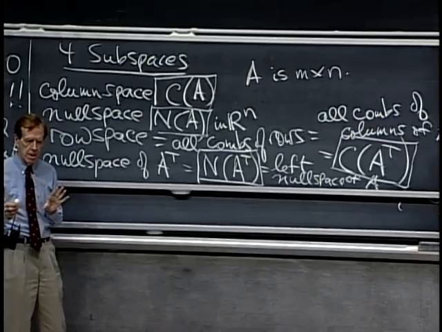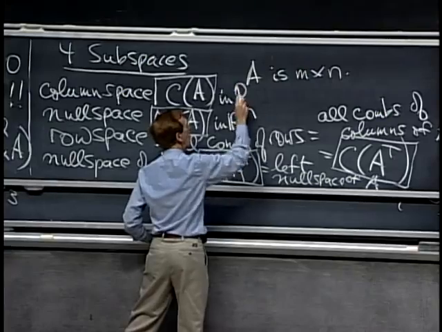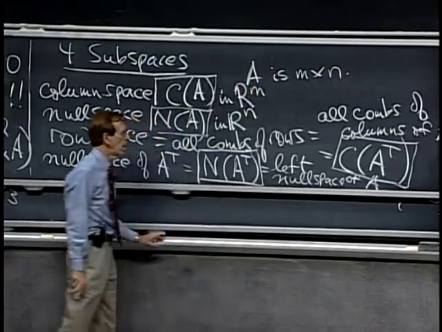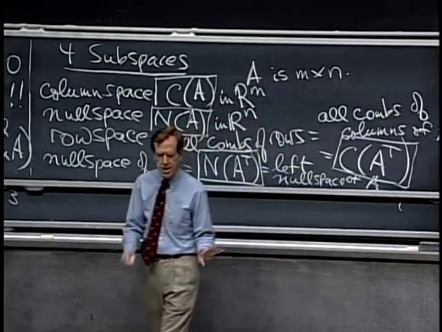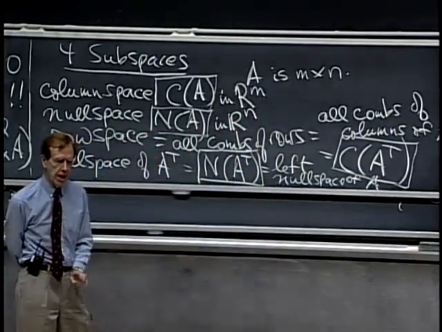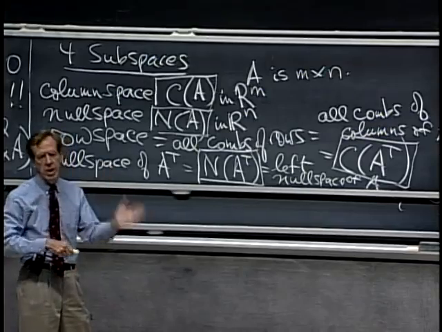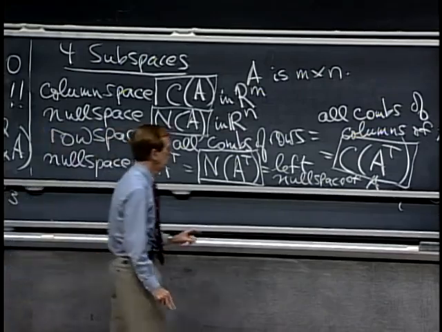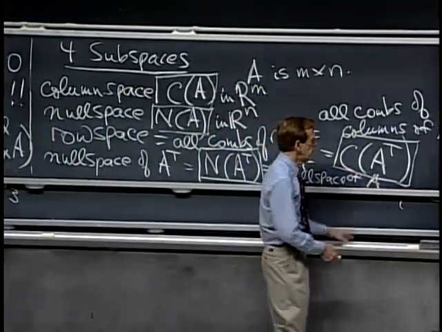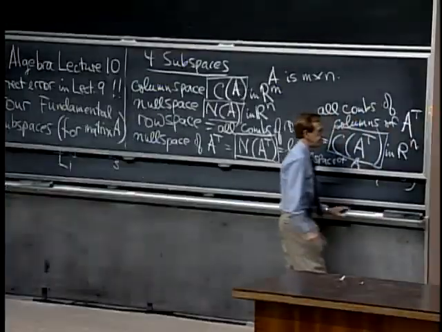M. So this column space is in Rm. What about the column space of A transpose, which is just a disguised way of saying the rows of A? The rows of A in this 3 by 6 matrix have 6 components, n components. The column space is in Rn.